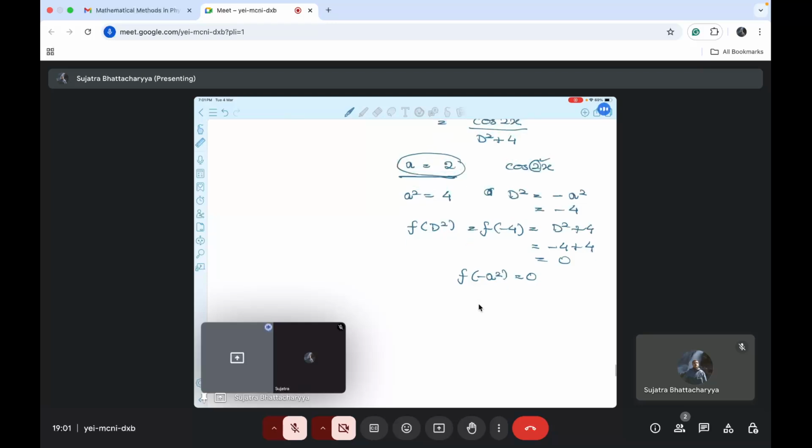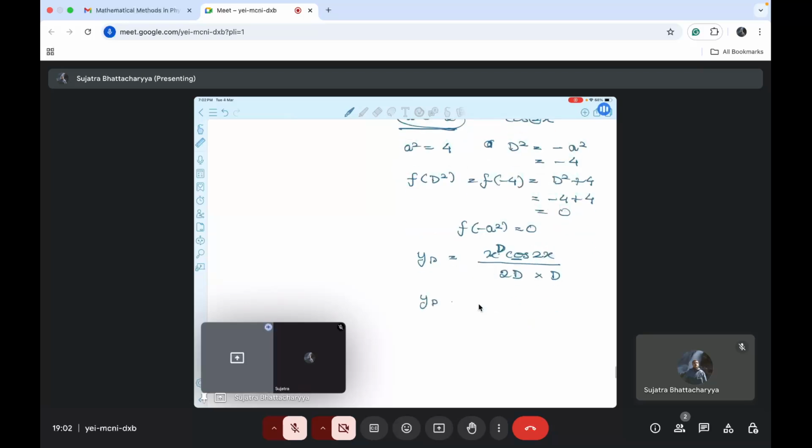Then in that case, what do you have to do? Yp is equal to x cos 2x divided by, now you have to differentiate it, it will be 2d. Correct? Now, see, this x will be there, and you multiply d here before the cos. So y of p will be x d of cos 2x divided by 4d square.